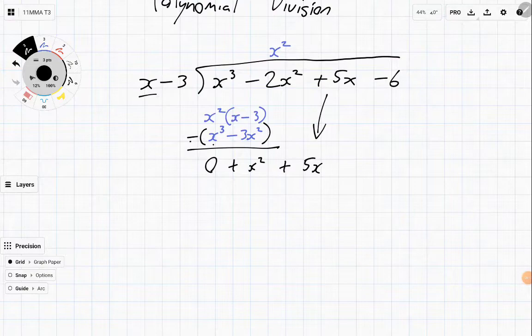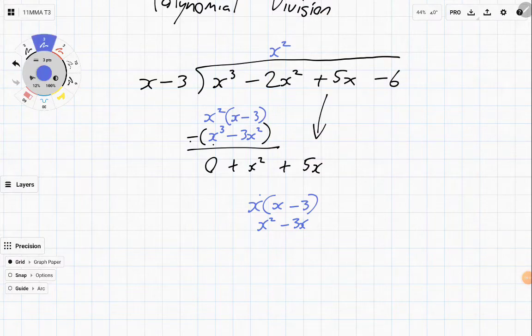How do I make x look like x squared? Well, what do I multiply it by? I multiply it by x. And if I expand that out, I get x squared minus 3x.